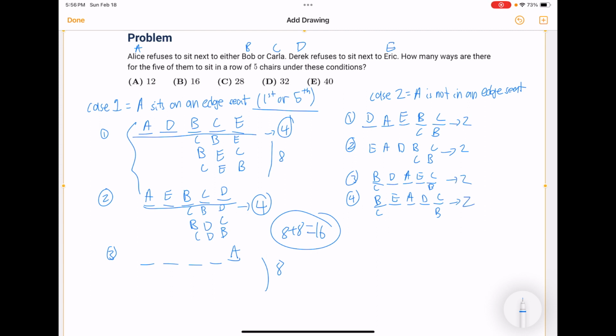And then finally, for the last scenario, when A is in the fourth chair, there's actually a pattern here: obviously, the 2 seats next to A cannot be B or C, so they must be D or E. And then BC, CB.